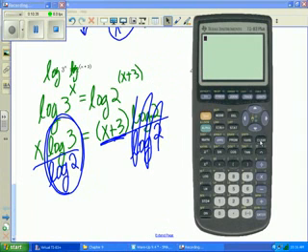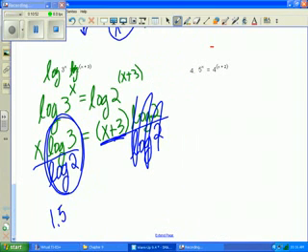So, see, here I have log 3 divided by log 2, and that's 1.585. That is my coefficient to this x term. 1.585x equals x plus 3. Now what?